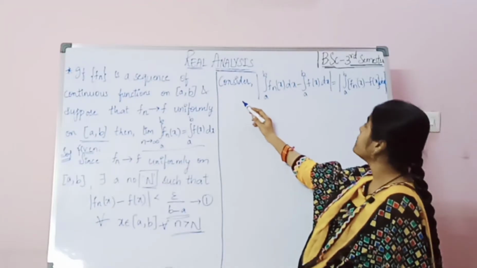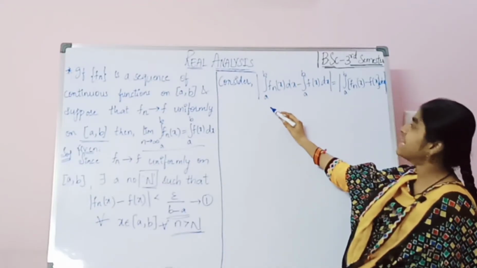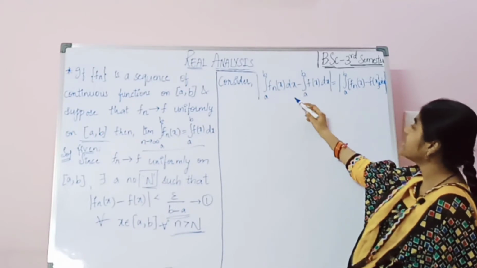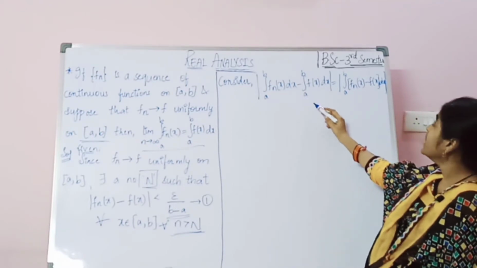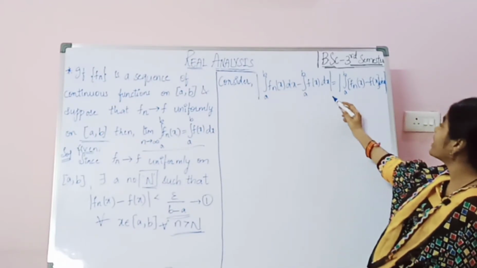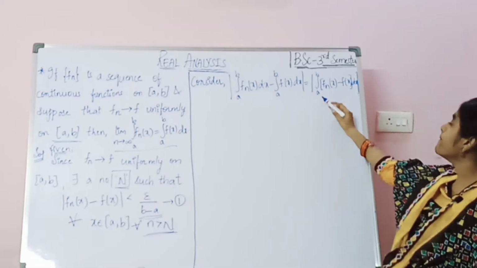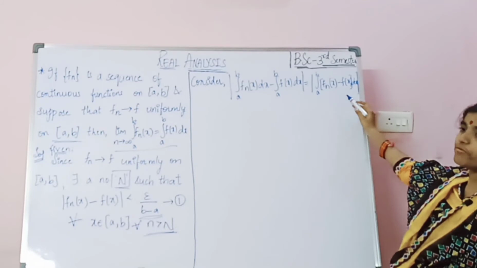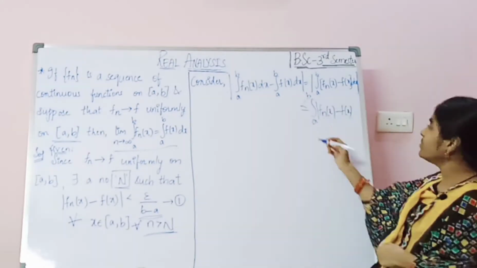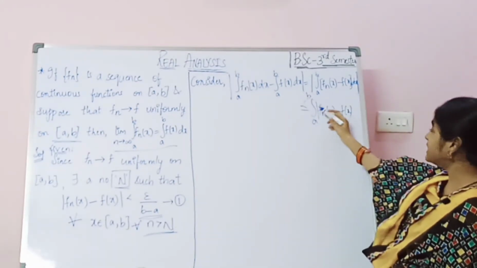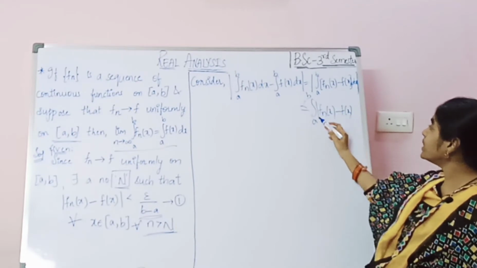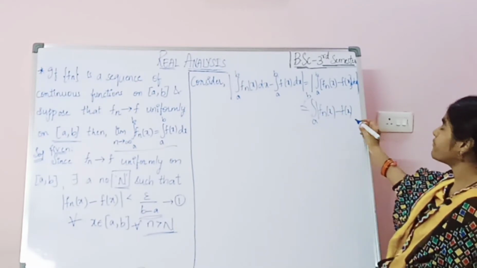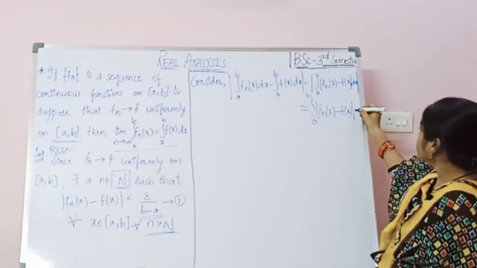Let us consider mod integral a to b Fn of x dx minus integral a to b f of x dx, which equals mod integral a to b of Fn of x minus f of x dx. Now less than or equal to, we have to take the modulus inside the integral: integral a to b mod Fn of x minus f of x dx.